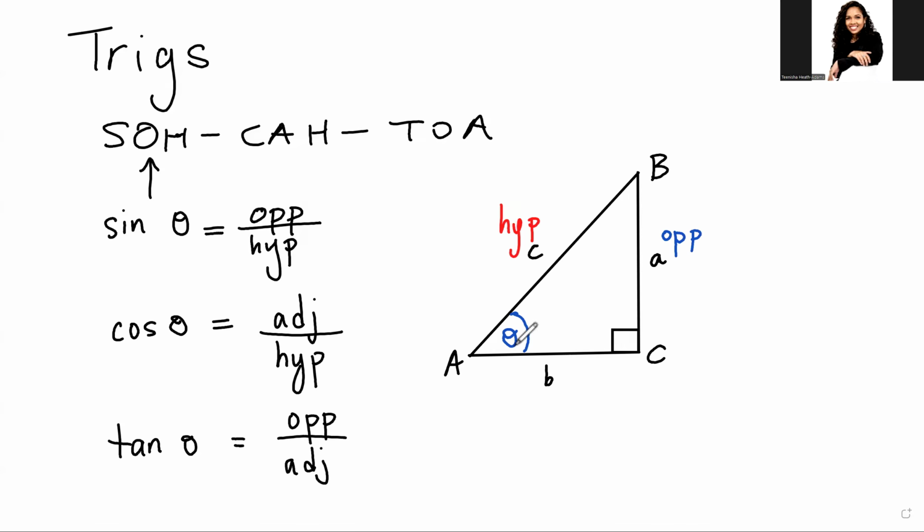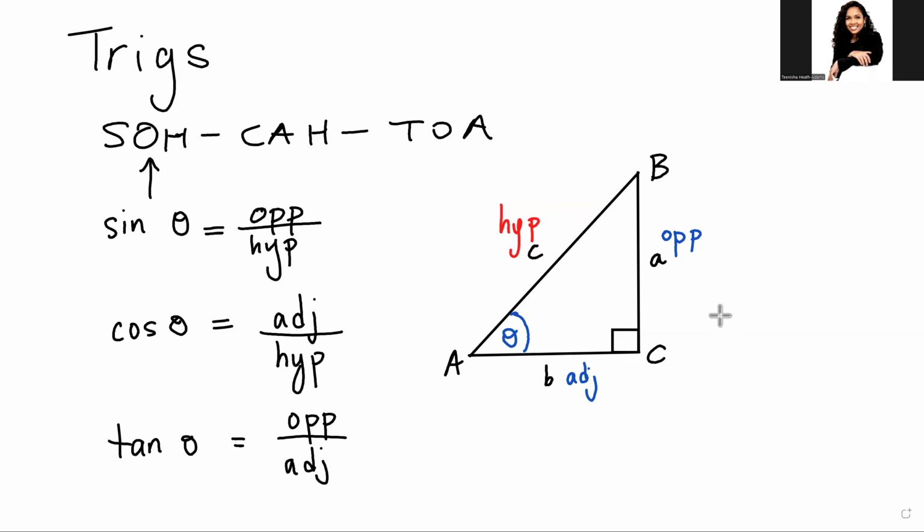And then there's only one side left, so that has to be your adjacent side. So with labeling the sides of your triangle, the hypotenuse is the easiest one to identify because it's always going to be opposite the right angle.